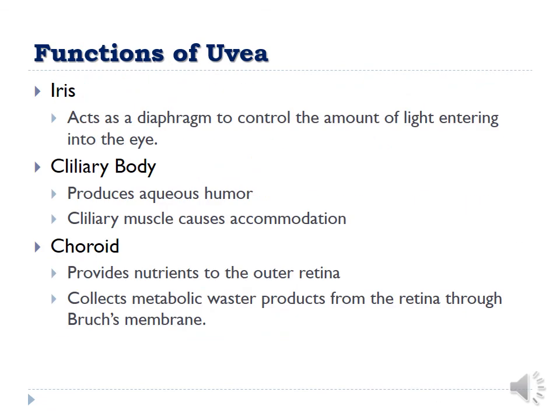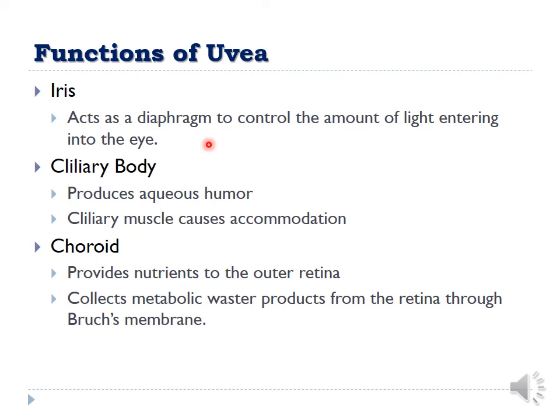All right, so we are into the last slide of the anatomy of the uvea. We'll quickly recap the functions of each part of the uvea. Iris, we already learned, acts as a diaphragm. A diaphragm is nothing but a curtain to control the amount of light entering the eye.